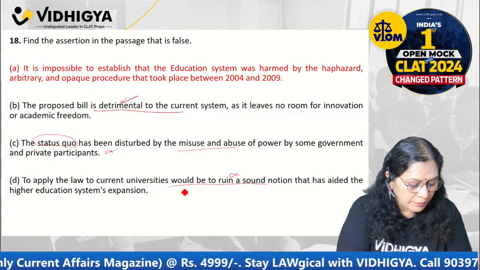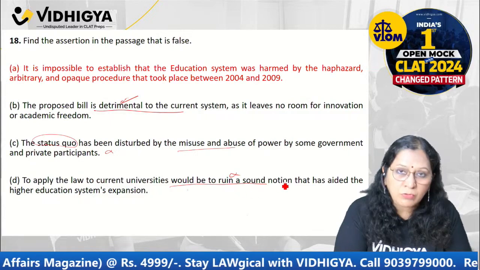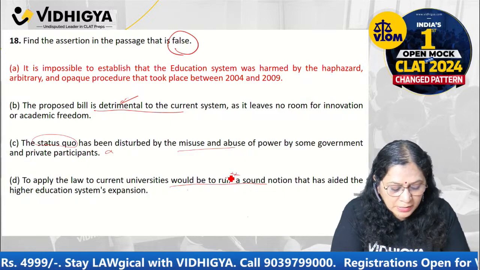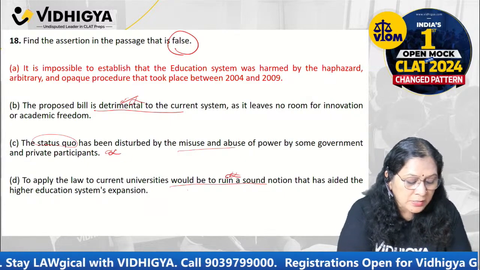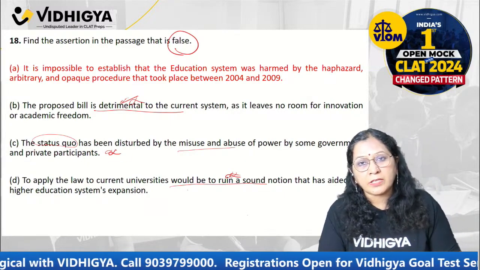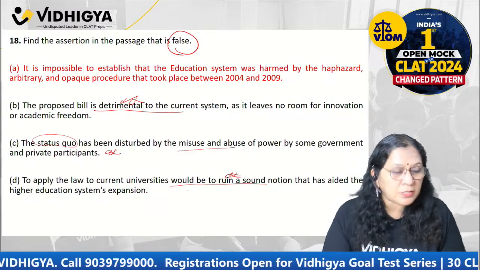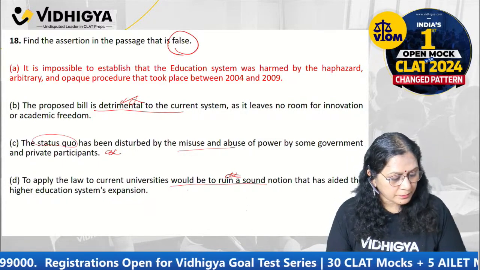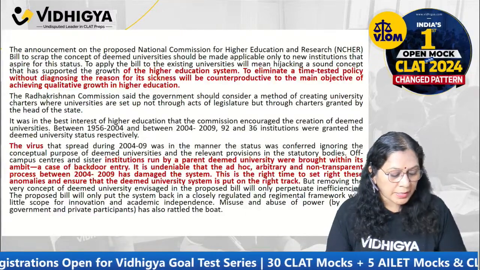That is what I was giving you. Would be to ruin a sound notion. So we needed something that is false, and all these three will not be the answers because in some way or the other they are mentioned in the passage to be true. Here it is.